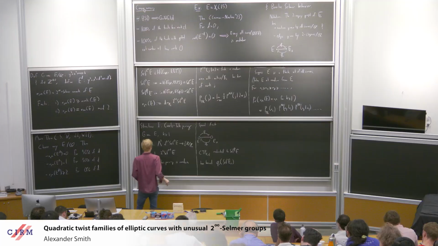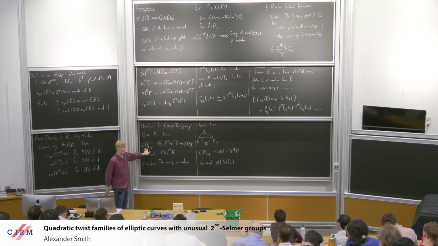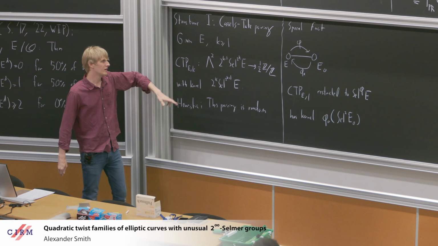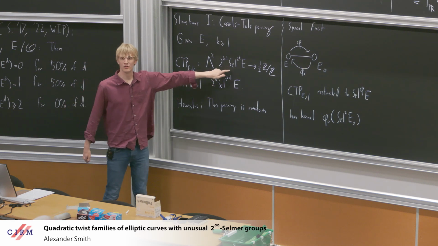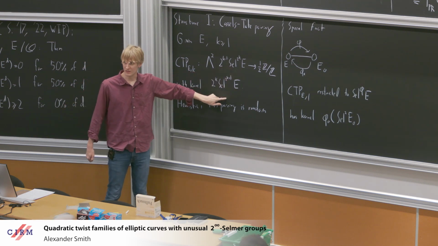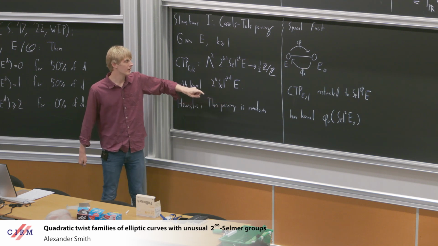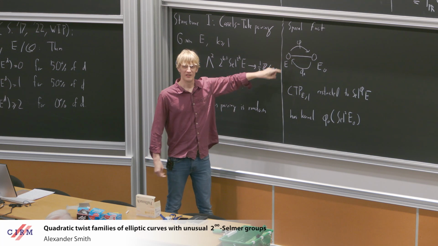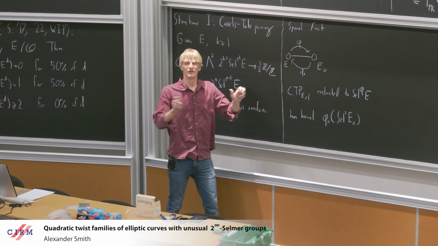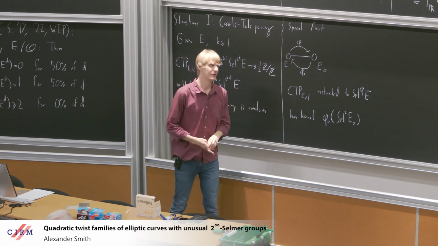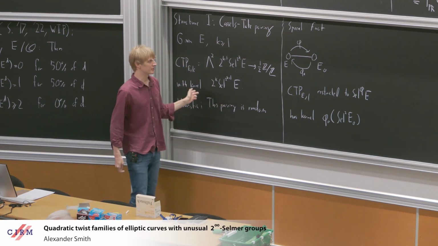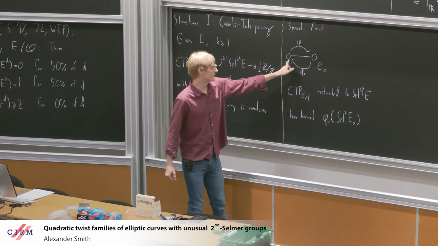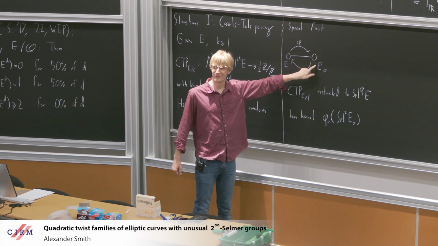And how I like to think about this is this Cassels-Tate pairing at level K measures the obstruction to lifting a 2 to the K Selmer element to the 2 to the K plus 1 Selmer group. In the case where we have this 2-isogeny, we can actually split this division by 2 process in half. So rather than lifting under the multiplication by 2, we're lifting under sort of halfway, so under this phi naught.